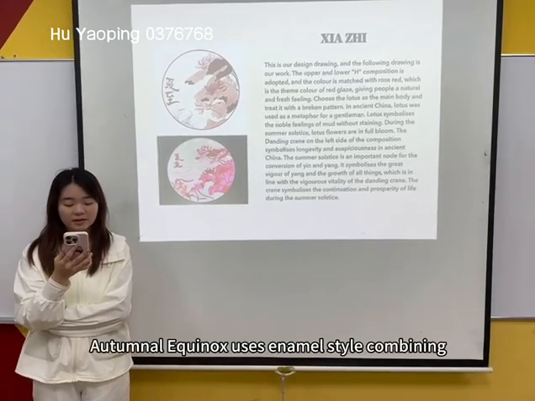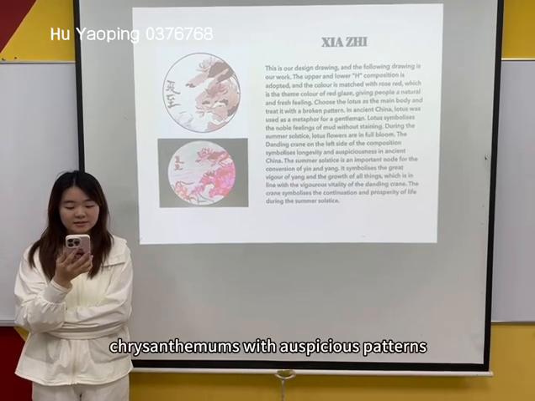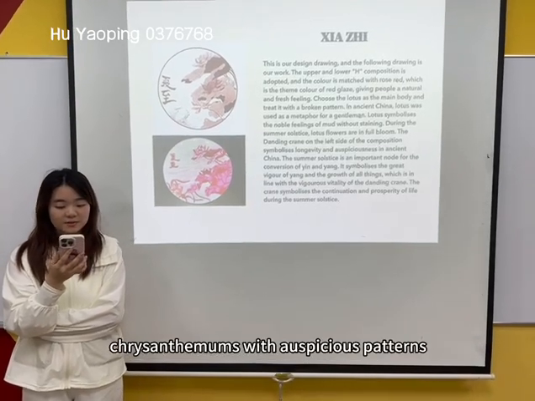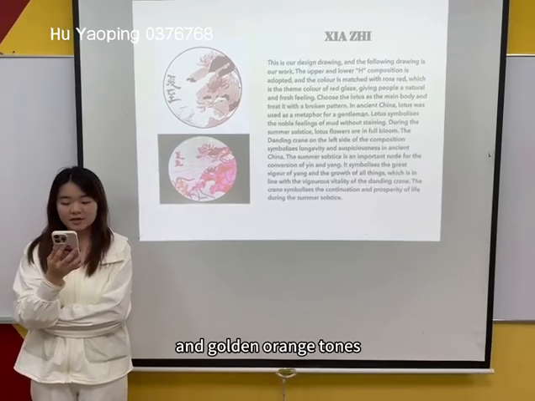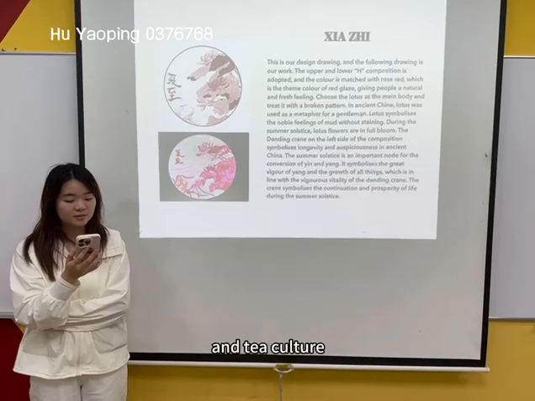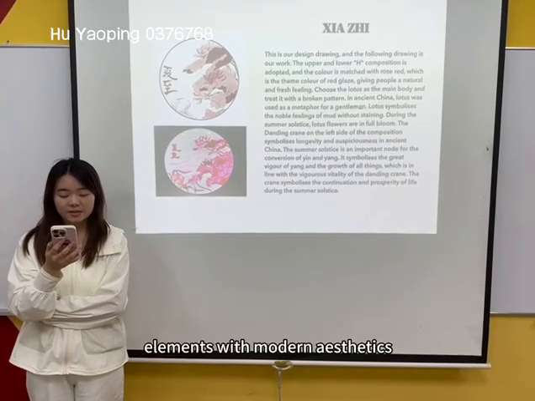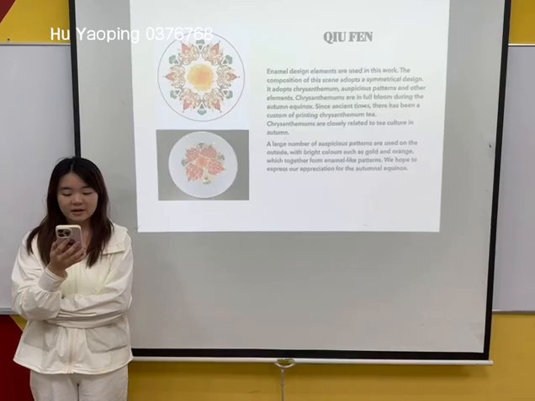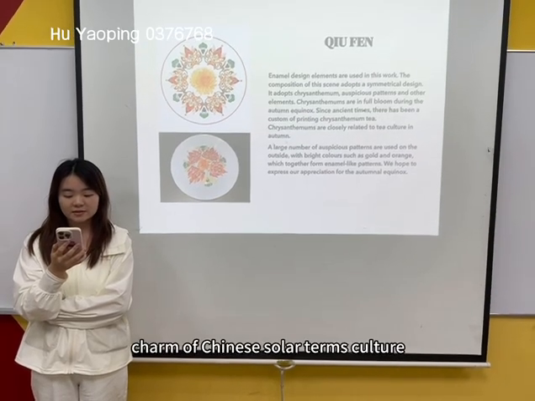Autumnal equinox uses an enamel style combining chrysanthemums with special patterns and golden orange tones to express the connection between autumn habits and tea culture. These three designs combine traditional elements with modern accessories, hoping to show the unique culture of Chinese solar terms.